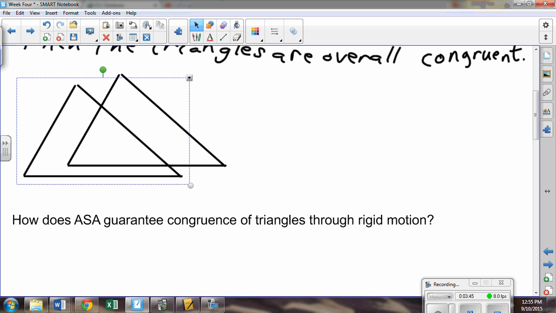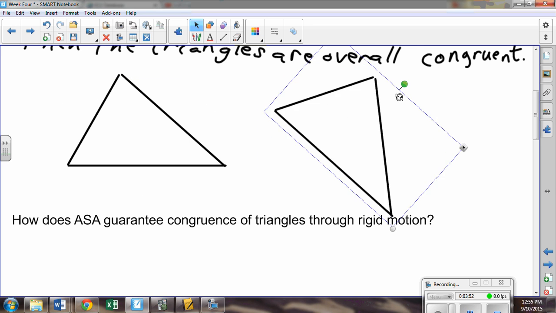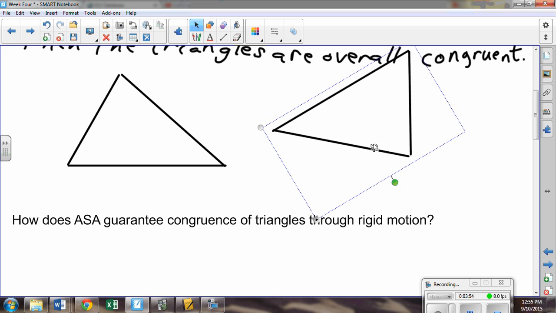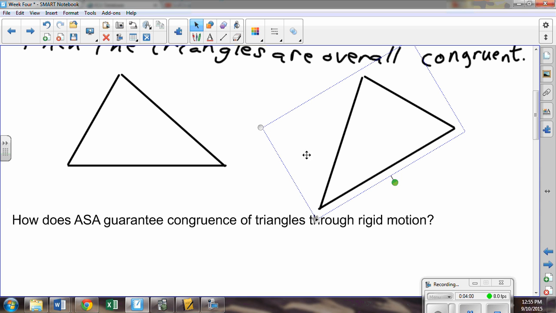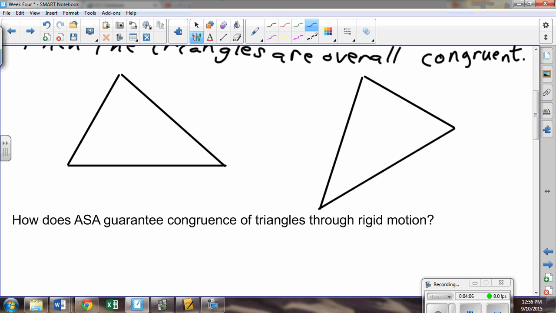And you guys just saw me copy and paste this triangle, so I can grab it over here. We know that we could do reflections or rotations, and I'm going to grab this piece and flip this down. Here's an observation.